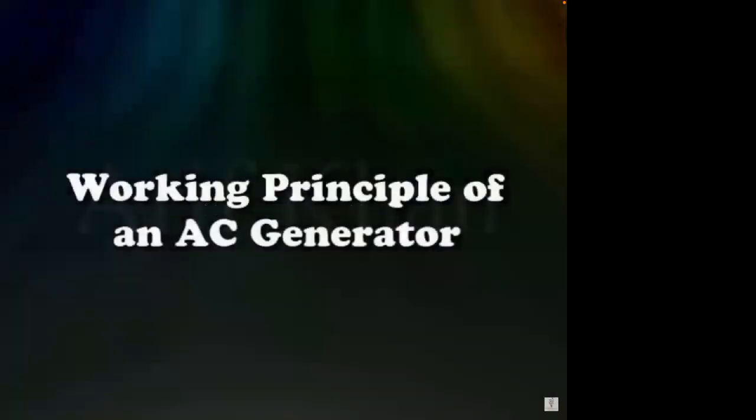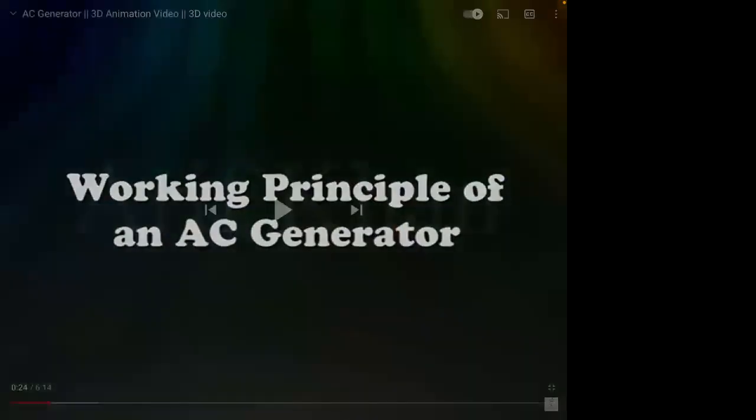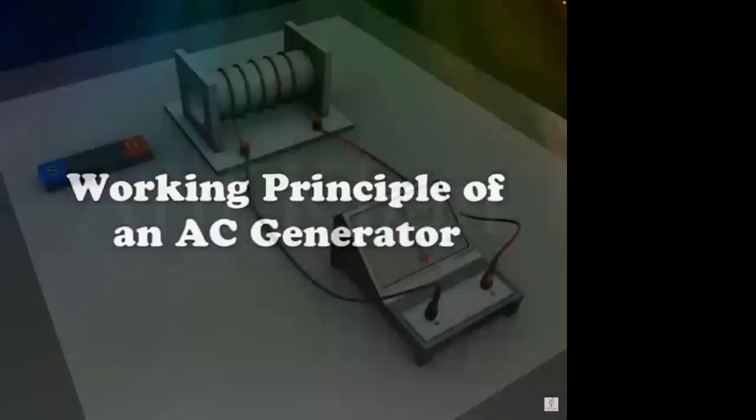Working principle of an AC generator. Before I show you the working principle, can you guess on what principle it works? Faraday's law. It works on the principle of Faraday's law of electromagnetic induction. The mechanical energy is getting converted to electrical energy.